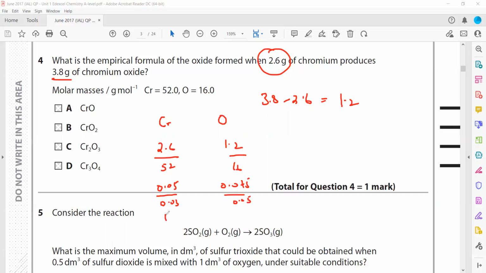So this will be 1, and 0.075 divided by 0.05 equals 1.5. Whenever one of the values is 1.5 or 2.5, we multiply all of them by 2. So this will turn out to be 2 and 3. So Cr2O3, so that's why C will be the right answer.